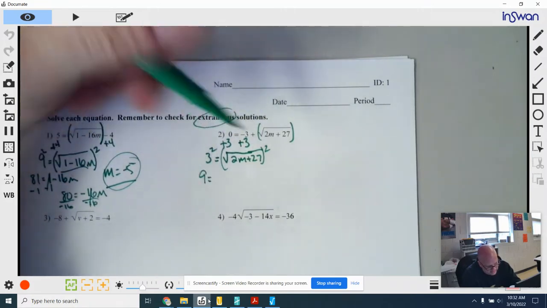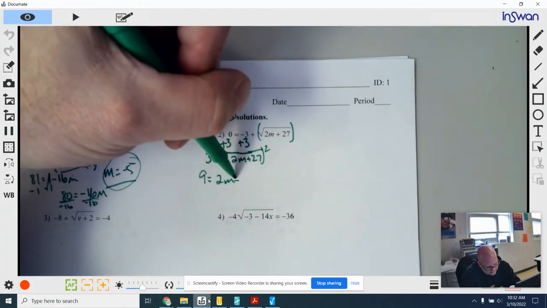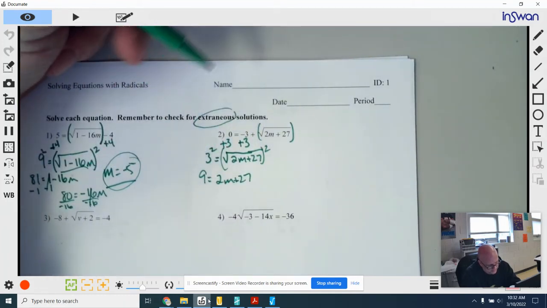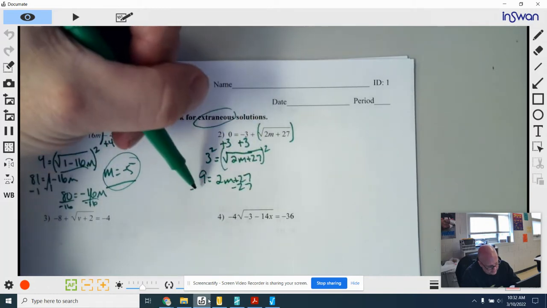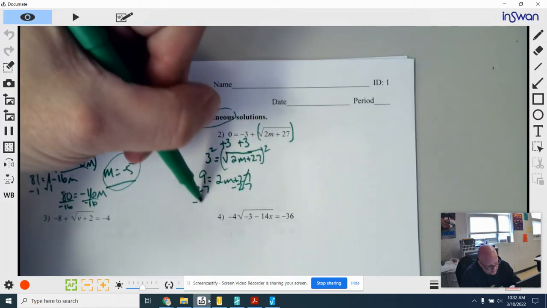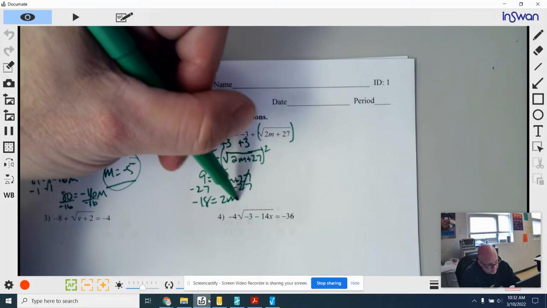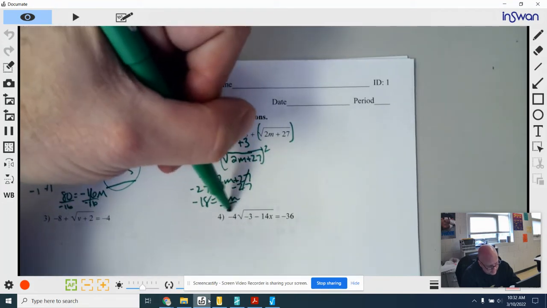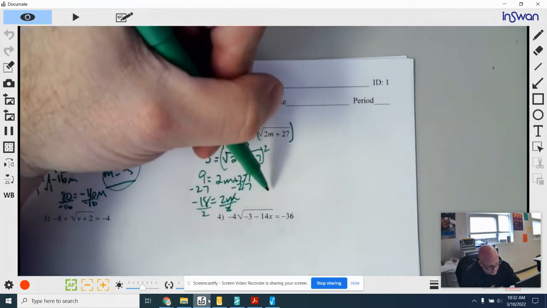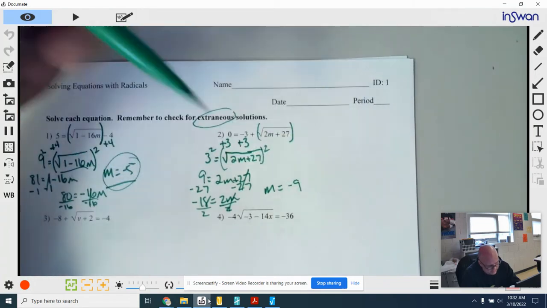So I get 9 again, and then equals 2m plus 27. So if I subtract 27, we get negative 18 is equal to 2m. And then if I divide both sides by 2, we see m does equal negative 9.